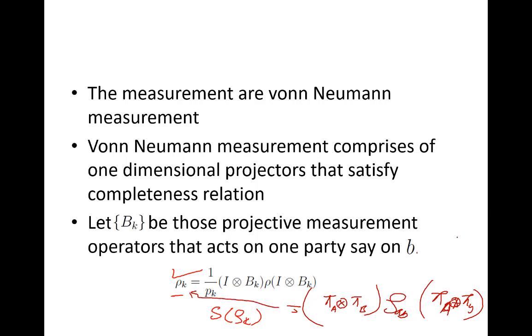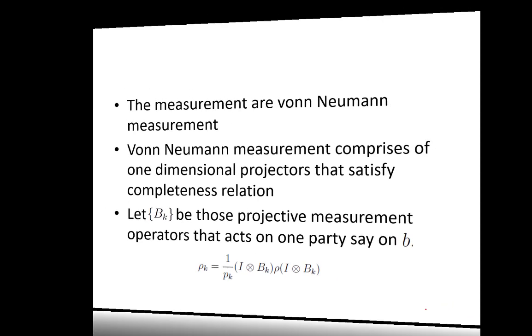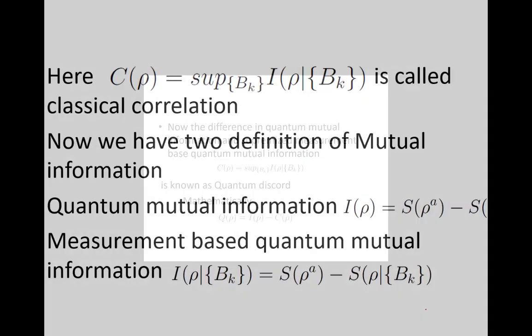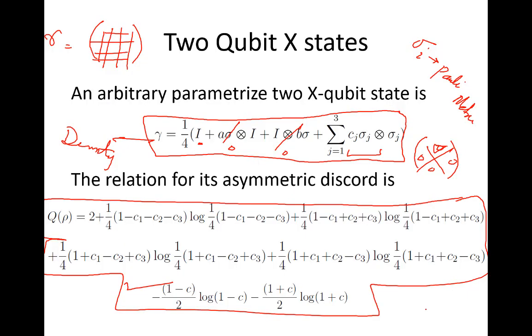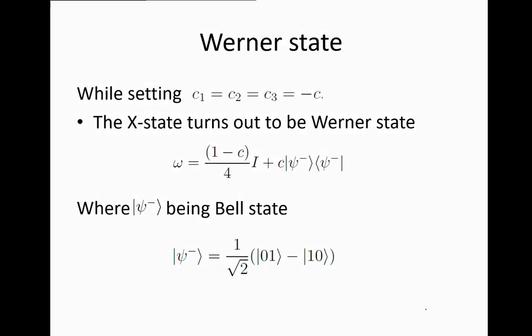So this time you are making a measurement: instead of writing I, you are writing pi A. So this is the symmetric measurement. Measurement is performed on both parties simultaneously.